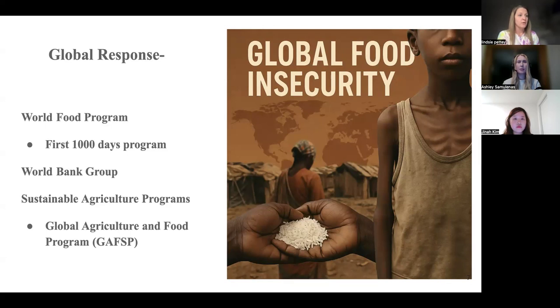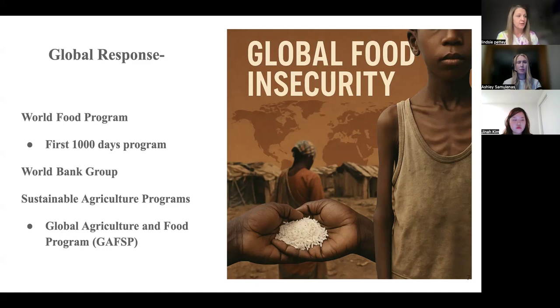The World Bank Group invests in climate-smart agriculture, supports smallholder farms, promotes nutrition-sensitive agriculture, and strengthens food systems resilience through programs like Food Systems 2030. It also emphasizes gender equality and community leadership, recognizing women's essential role in global food production.